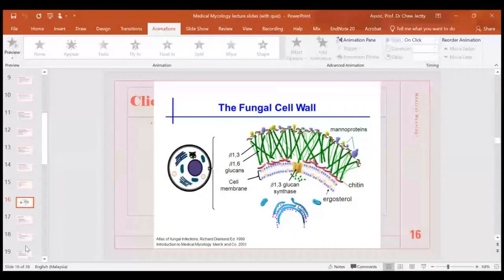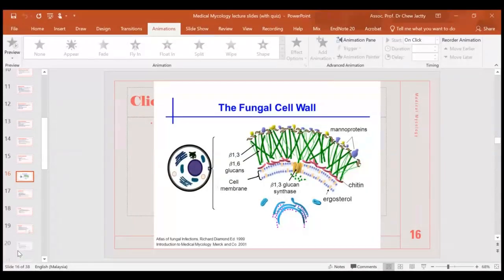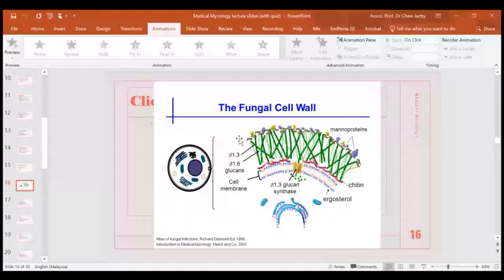So just a very quick overview of the fungal cell wall structures. The fungal cell wall is mainly beta-1,3 and beta-1,6 glucans. Remember just now when I talked about the virulence factors, we said the beta-glucans are present in the cell wall. Also another important one is the ergosterol structure in the membrane, the orangey color structure.